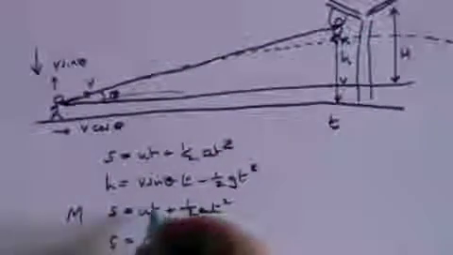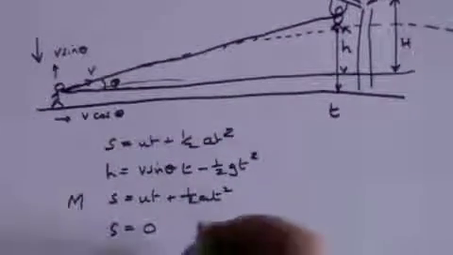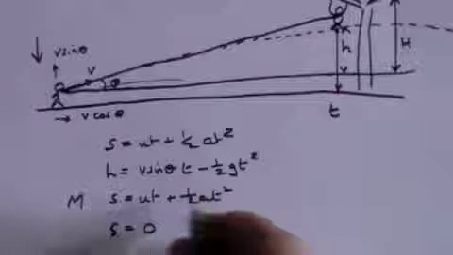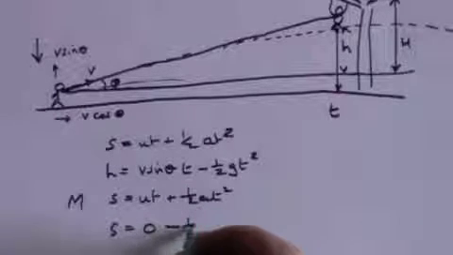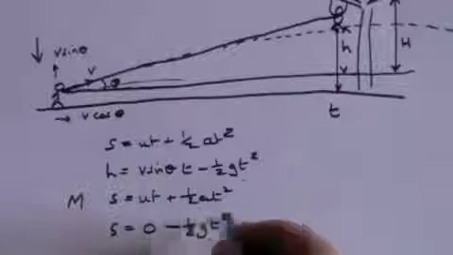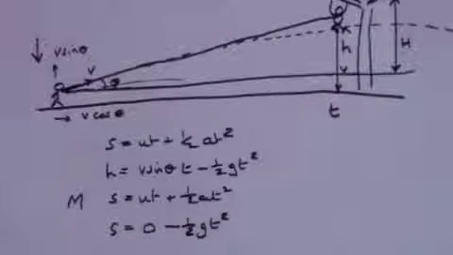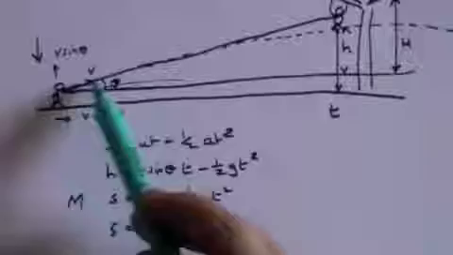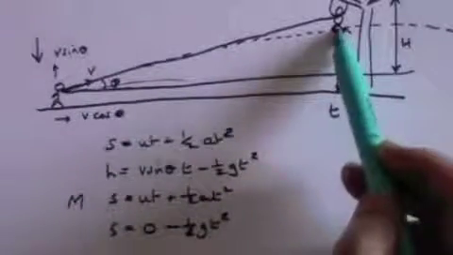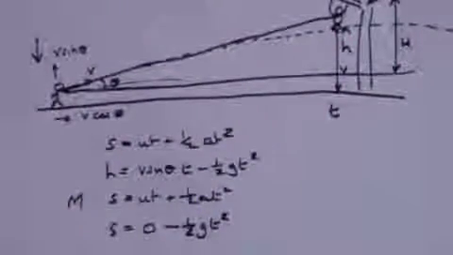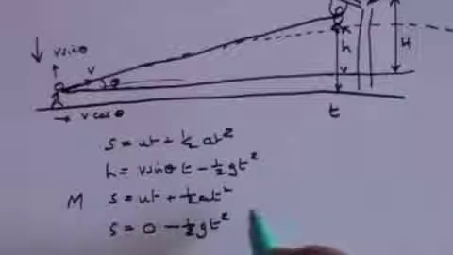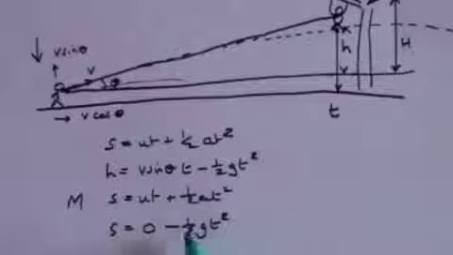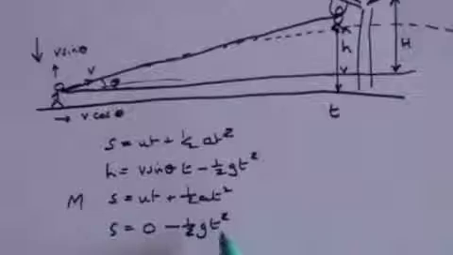So ut is simply 0. And then, of course, he's going to be travelling downwards, so it's minus a half gt squared. So at the time the bullet gets to this point here, the monkey has fallen for the same amount of time and will have travelled a distance of minus a half gt squared.